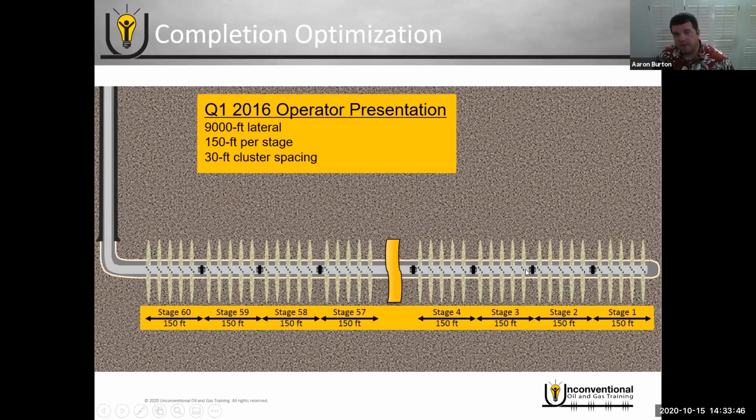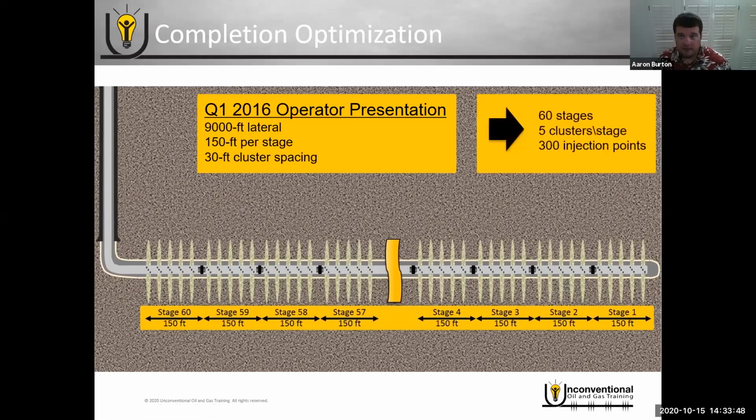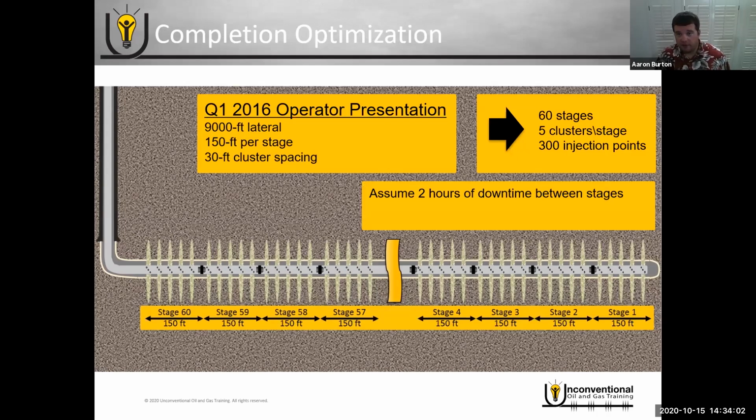So using this information that they reported, that means that they had 60 stages overall in the well with 5 clusters per stage. And that means they had 300 individual injection points, so 300 individual clusters. So if we assume 2 hours of downtime between stages so that we can shut down the frac job, run our plug, set it, perforate, and pull out of hole, then a 60 stage job would be 5 days of downtime just so you can run your wireline between all the stages.